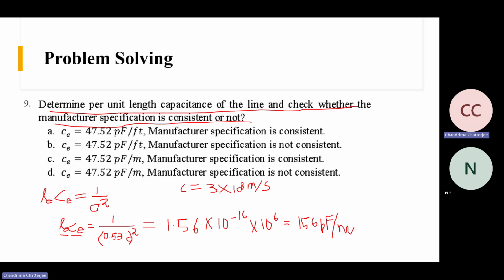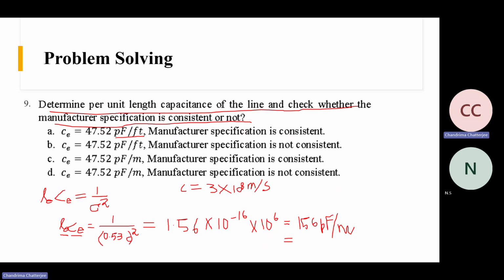But you see over here, we have some answers in terms of picofarad per feet. Okay. So we will have to convert from meter to feet. So 1 meter is equal to 3.28 feet.